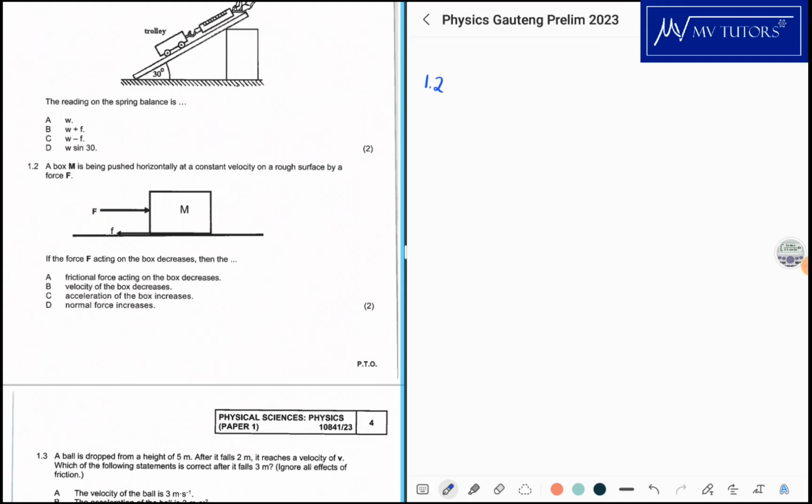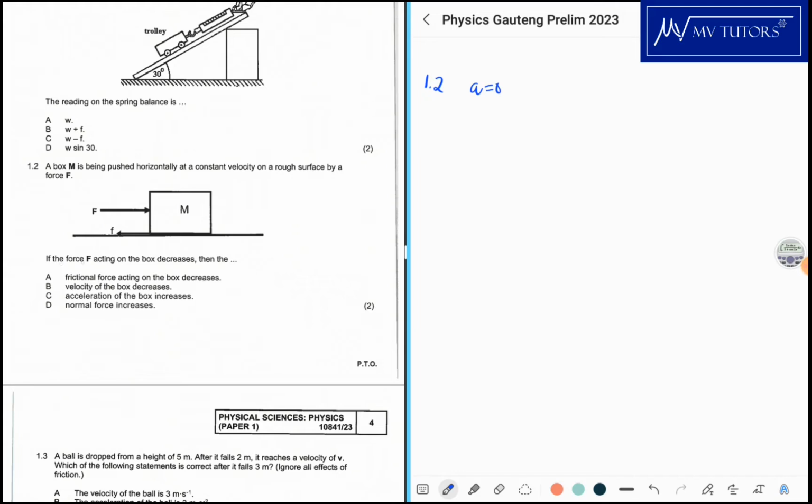Now it says a box M is being pushed horizontally at a constant velocity. Since the velocity is constant, I'm just going to say the acceleration is 0. It's being pushed horizontally at a constant velocity on a rough surface by a force F. So while you have the force, you have your friction force as well, because it's a rough surface.